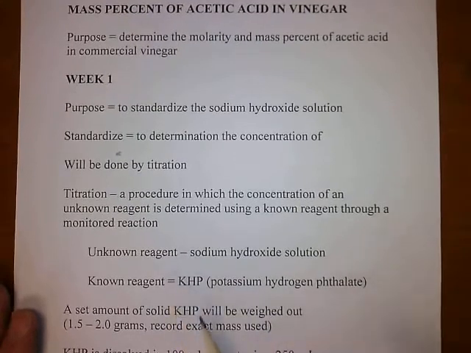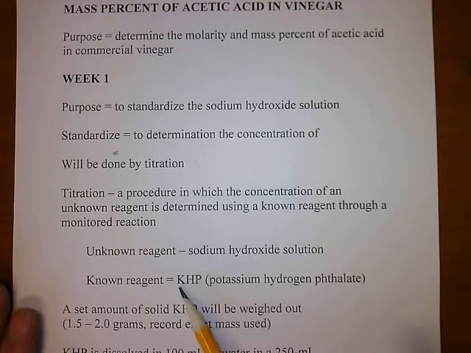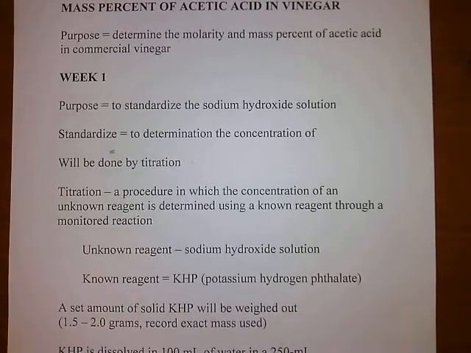And the known reagent is KHP, which, by the way, does not stand for potassium hydrogen phosphorus. This is an abbreviation, not a chemical formula. It's an abbreviation for potassium hydrogen phthalate. The exact formula and molar mass for that is given in the lab write-up.